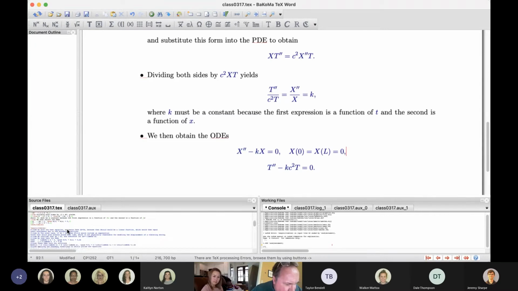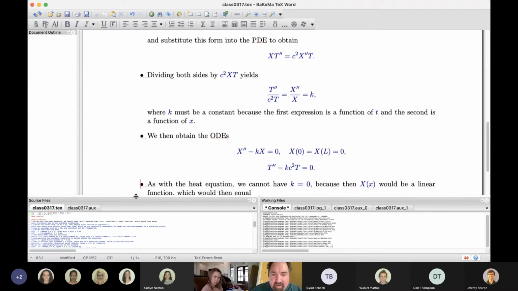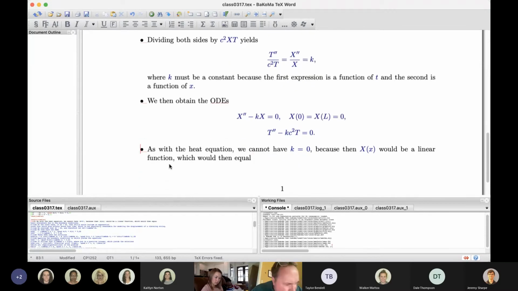Now, we have to consider cases of whether the constant k, which is called a separation constant, is positive, negative, or 0. If we let k equal 0, so then X double prime is 0, then X(x) has to be a linear function of x.